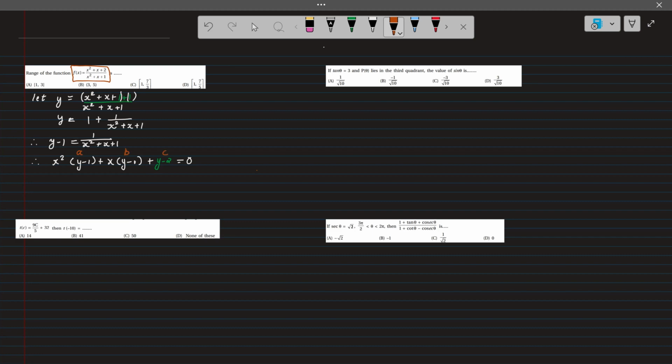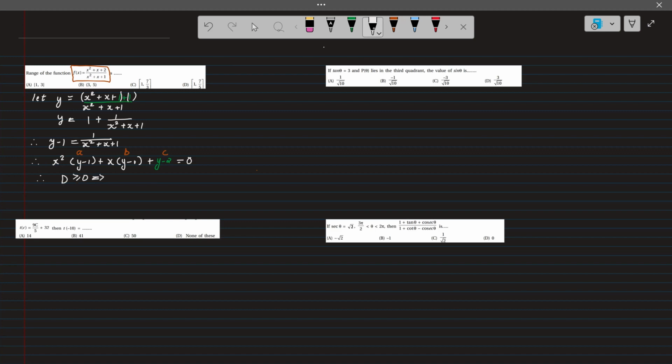So a will be y minus 1, b will also be y minus 1, while c will be y minus 2. If we have to find x, this quadratic equation must have a discriminant whose value must be greater than or equal to 0.